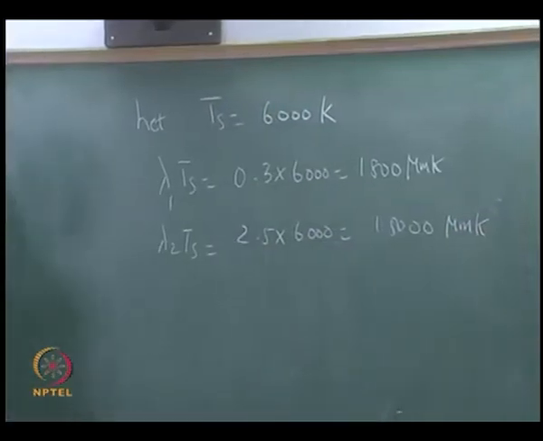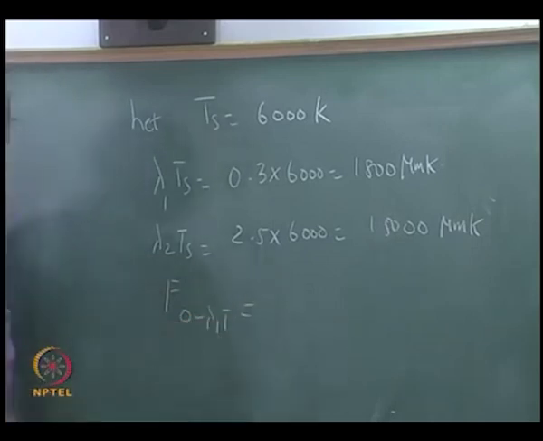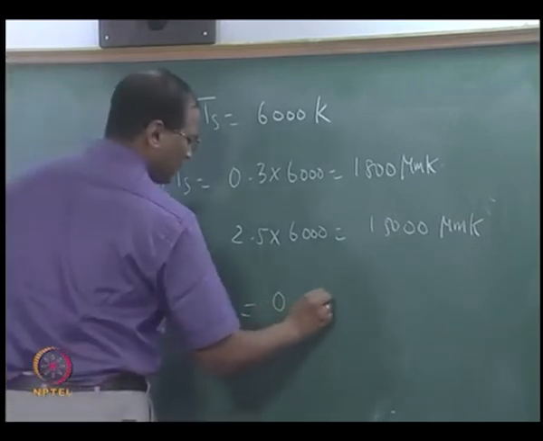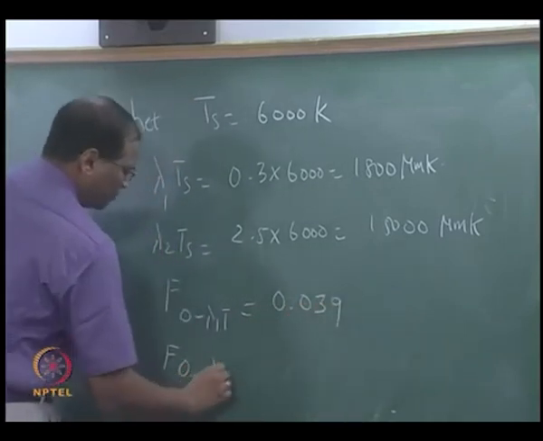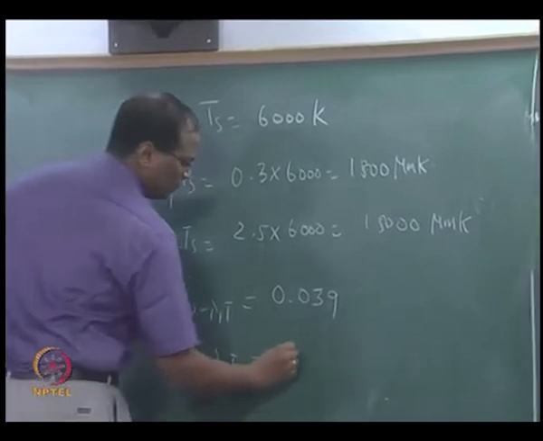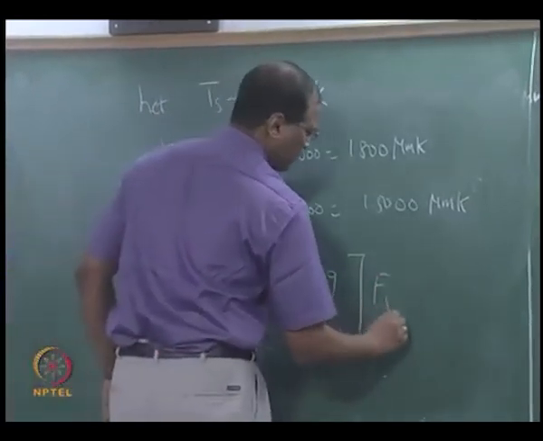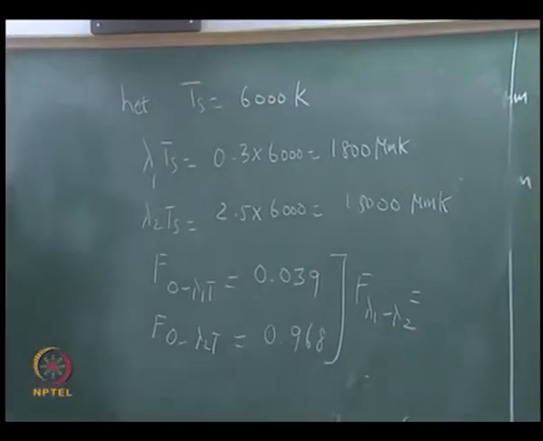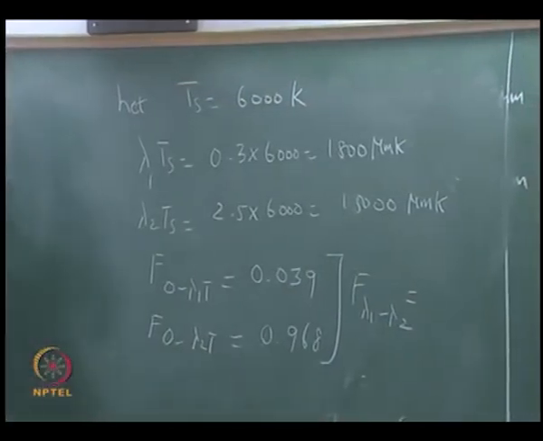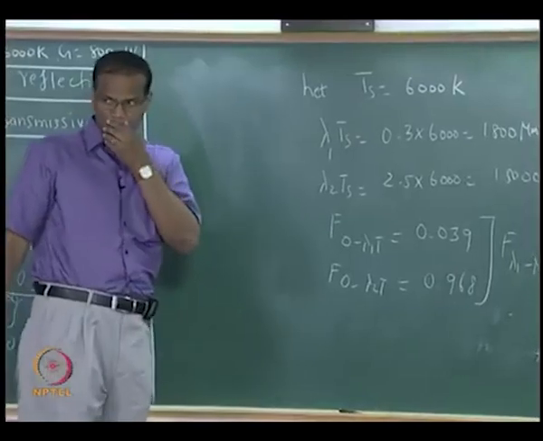F of 0 to lambda 1, Sampath, how much is it? 0.03. F of 0 to lambda 2, lambda 1 to lambda 2, 0.929.